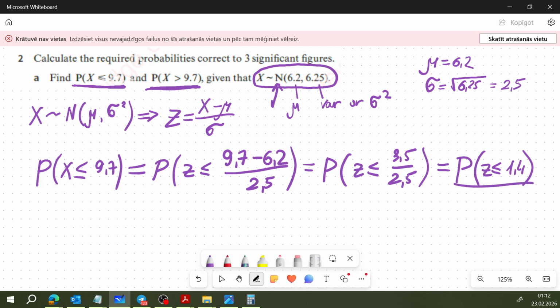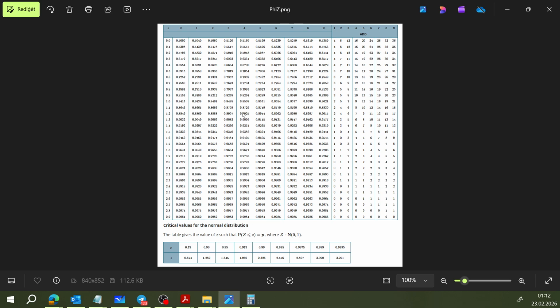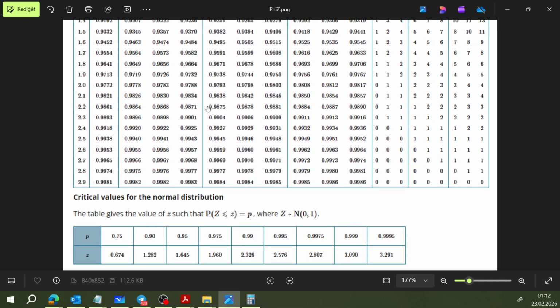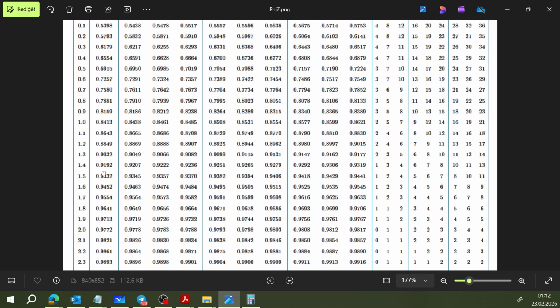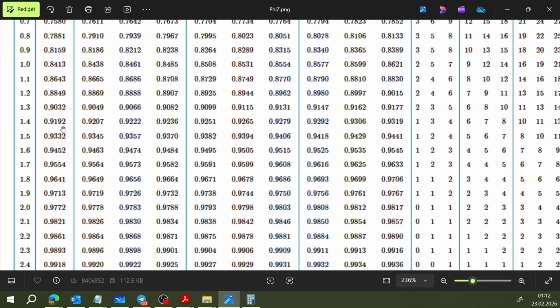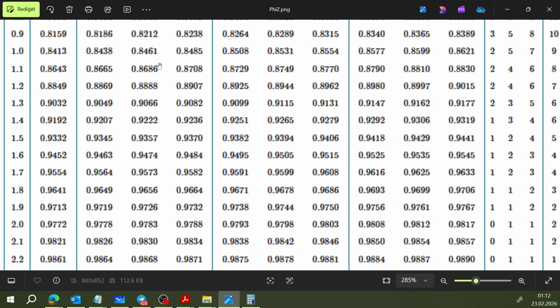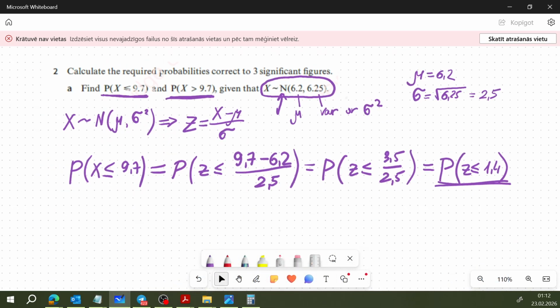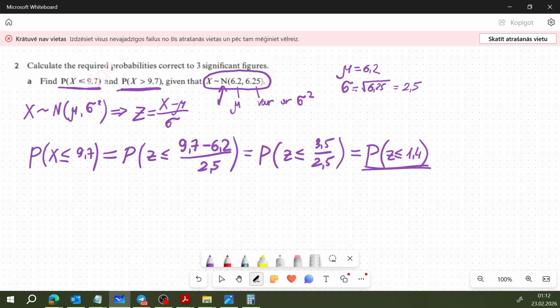And now we can use the table to find the values. We go for 1.4. Here we know that the table works for the values that Z is smaller than the given value. And for 1.4, we have 0.9192. So it will be equal to 0.9192.